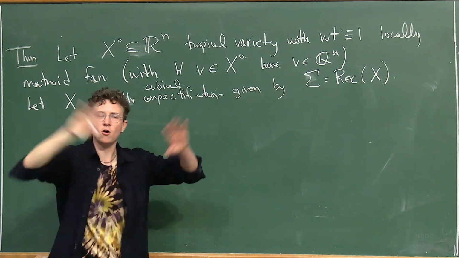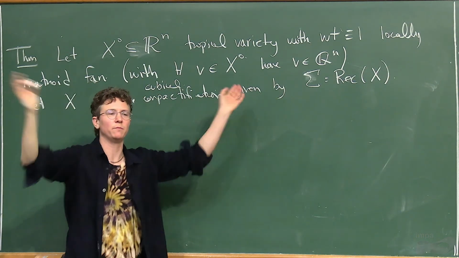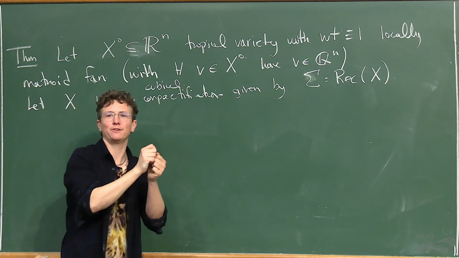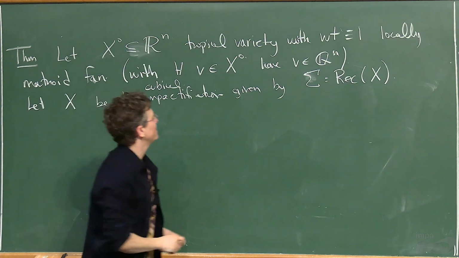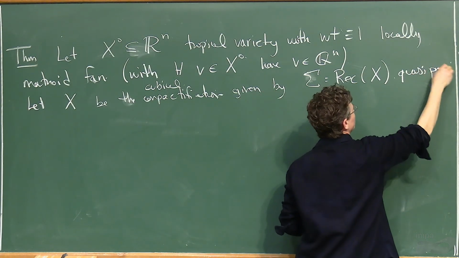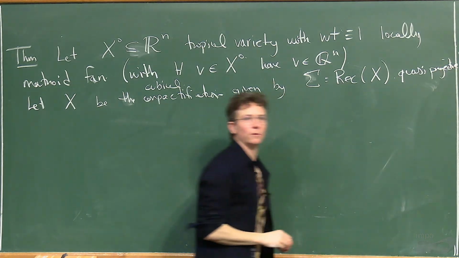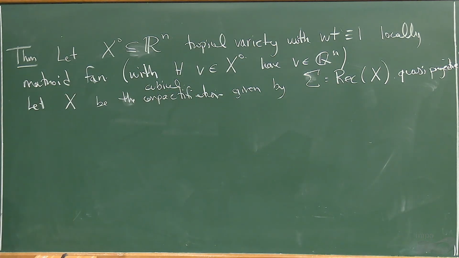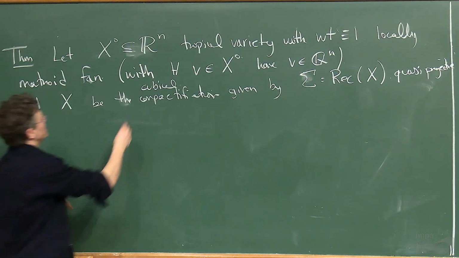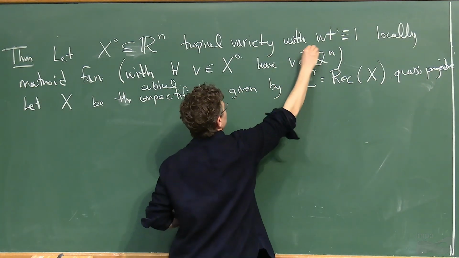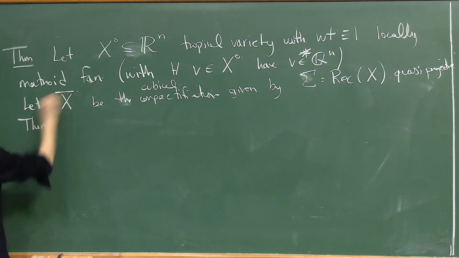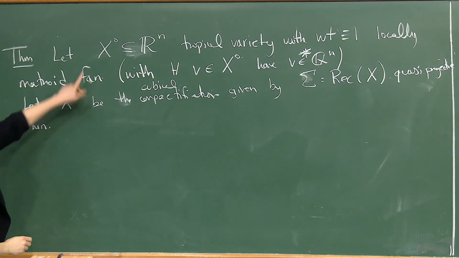So take all the unbounded directions in X0. There's going to be a bunch of them. Take their collection. It may not be a fan. Put a fan structure on it if it's not. And I need this to be quasi-projective, again because to talk about hard Lefschetz and stuff, we need some ample classes. So this is the caveat star, and I'll add it when I need it. Oh, X bar is the, no, X. That's X0.